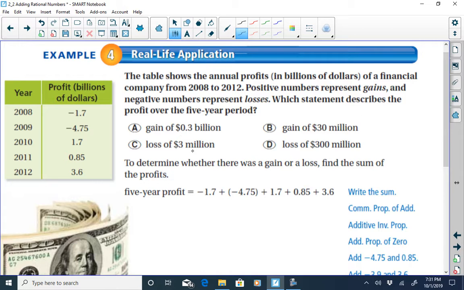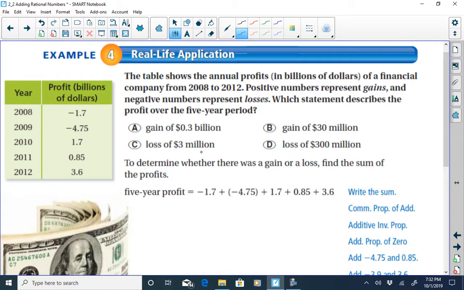Well, we're looking for which one of these answers? Well, if this is the profit in billions of dollars, 2008 we had a loss of almost 2 billion. 2009 another loss of almost 5 billion. In 2010 we gained about 2 billion or 1.7 billion. 2011 was a gain, 2012 was a gain.